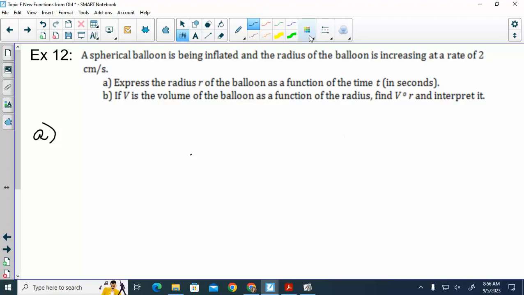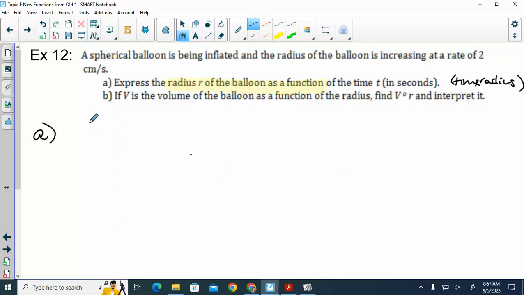All right, so real quick, express the radius as a function. So what variable is radius? But it's in, the radius is in the y value, right? And that means that my time is the x.